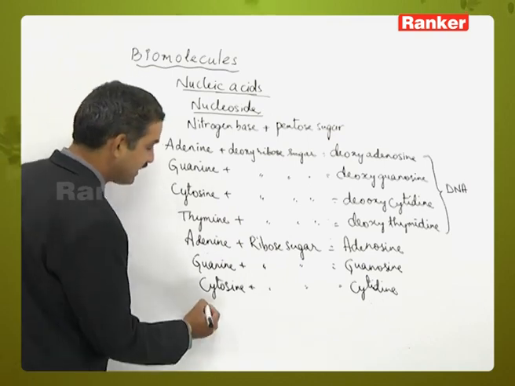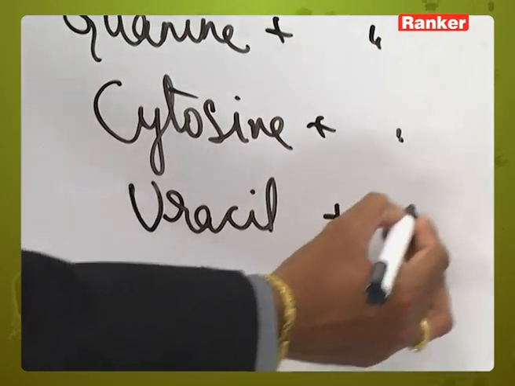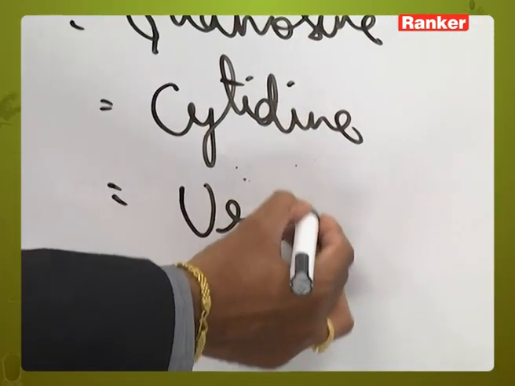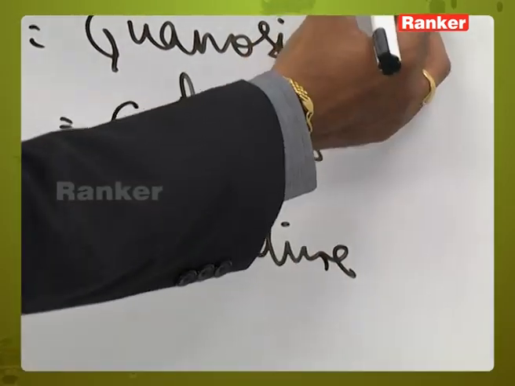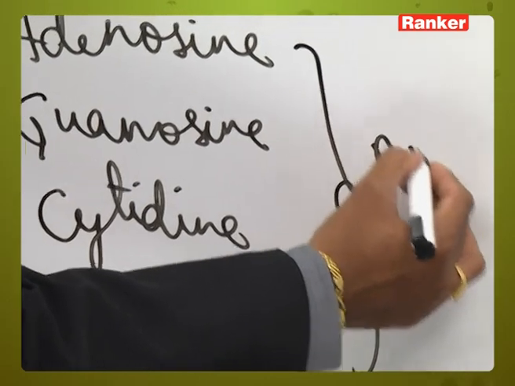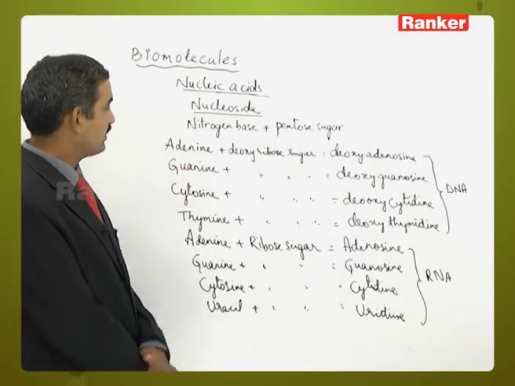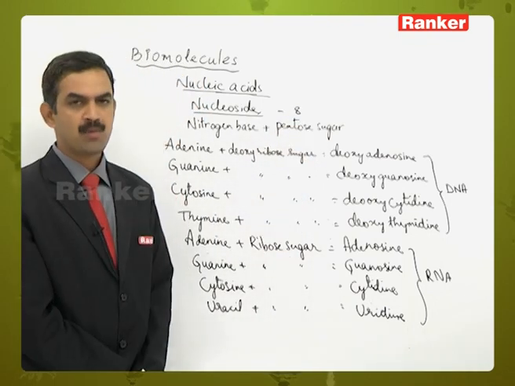In place of thymine, it contains uracil. Uracil plus ribose sugar, uridine. These are the 4 nucleosides which are present in RNA molecule. Likewise, there are a total of 8 types of nucleosides present in nucleic acids.